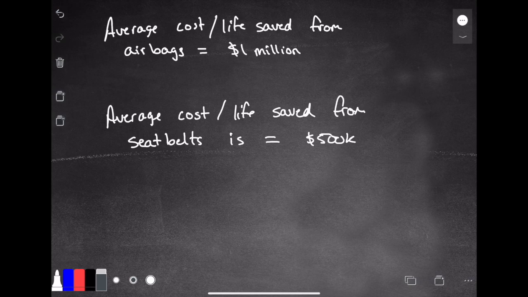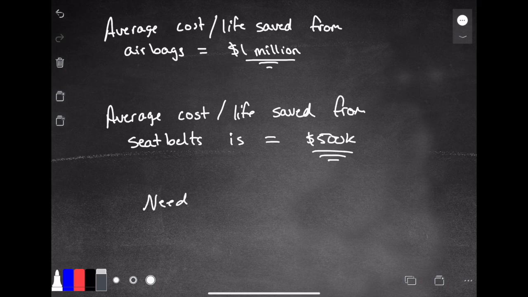Would greater safety be achieved more cheaply by spending more money on airbags or seatbelts? You might intuitively be drawn to seatbelts because, after all, the average cost per life saved from seatbelts is only $500,000, and the average cost per life saved from airbags is $1 million. But we actually have no way of knowing the answer to this question without knowing the actual marginals.